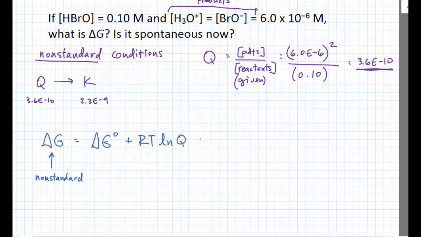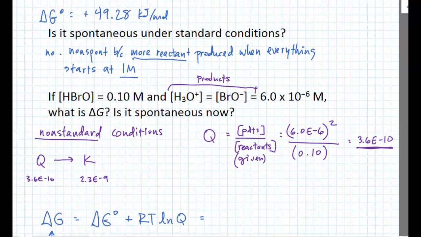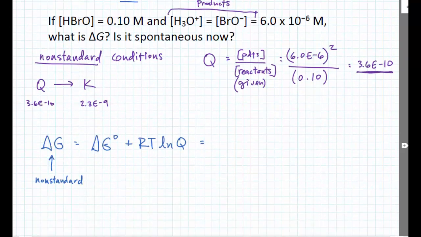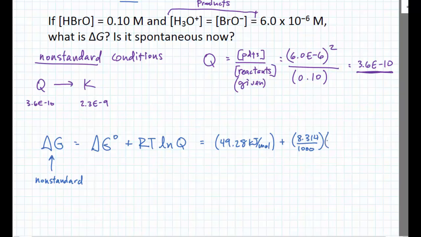So what was delta G standard? We calculated that, didn't we? 49.28, plus RT. I'm not going to use units here. 8.314, as long as you remember to divide by 1,000, 298, ln of Q, 3.6 e minus 10.